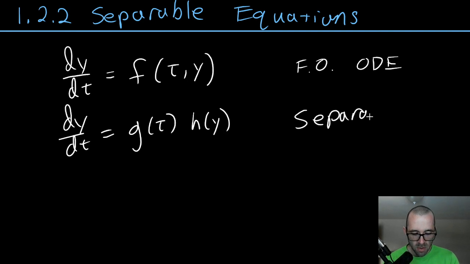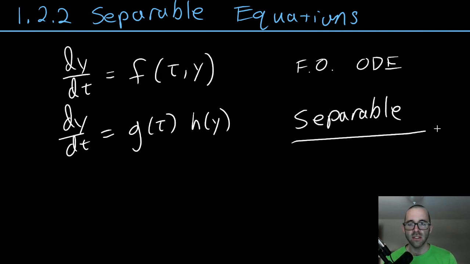Why is this called separable? Well, the idea is you can divide out the y's to get the y's over here, and then we can get all the y's on one side, all the t's on the other side, and we can actually integrate.